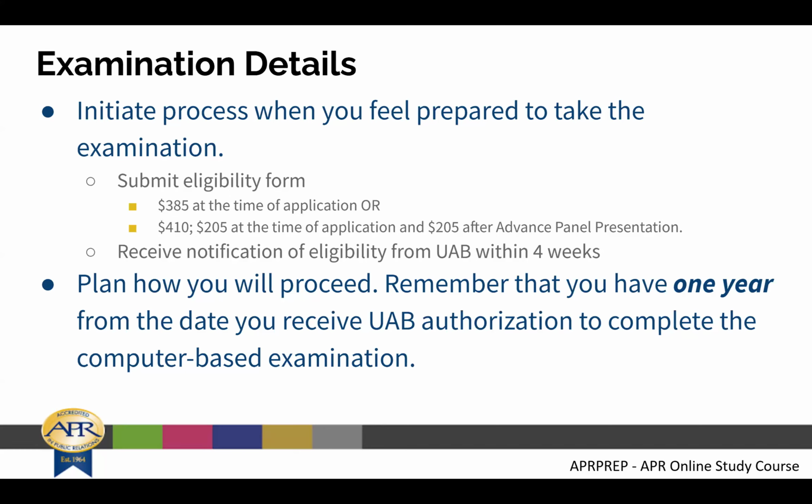Once your application is approved, you have 1 year, and that's in bold right here, 1 year. That 1 year to complete the process, that means you have to go through and pass and advance the panel presentation and then take the exam. And I go back to Amanda's opening comments, that 1 year goes pretty quickly.